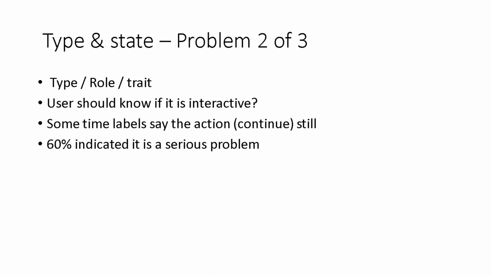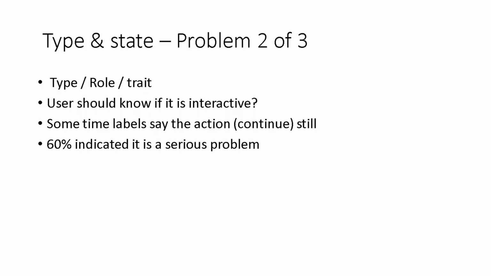60% of the respondents indicated that they have problems with the type and the state. So it's obviously important that the user should understand that a control requires an attribute of role or trait. I often see in fairly accessible apps also, for some reason, they don't add the roles or traits, maybe because the label is obvious in certain cases.